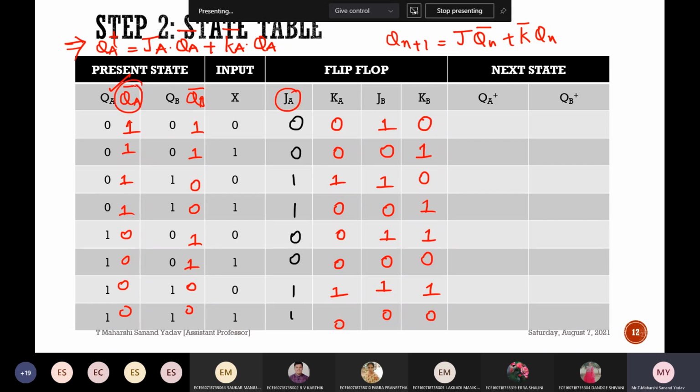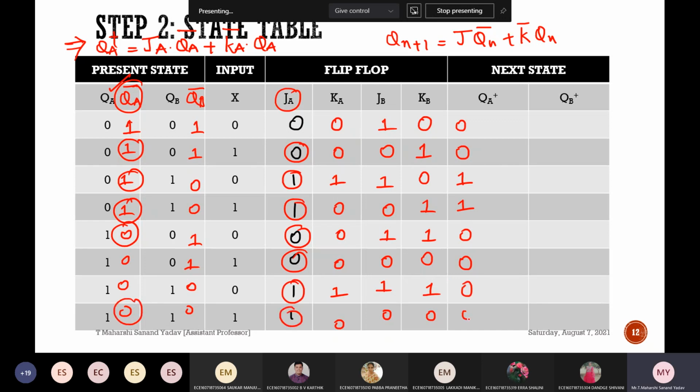You multiply. 0 into 1 is 0. Next, 0 into 1 is 0. 1 into 1 is 1. Here also same, 1 into 1 is 1. This is 0, this is 0. Here also 0, followed by 1 into 0 is 0. Next, plus.